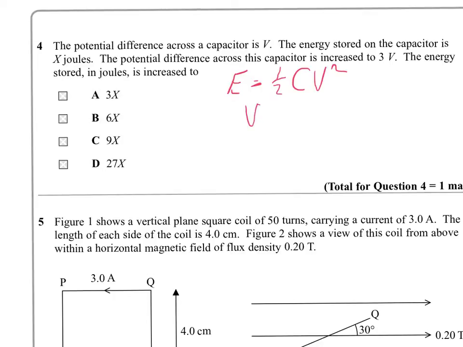So we've gone from a value V heading towards a value of 3V. So the energy will have gone from being related to V squared to being related to 3V all squared, which is 9V squared. So it's 9 times what it was before. So if it was X before, it'll be 9 times X now. C.